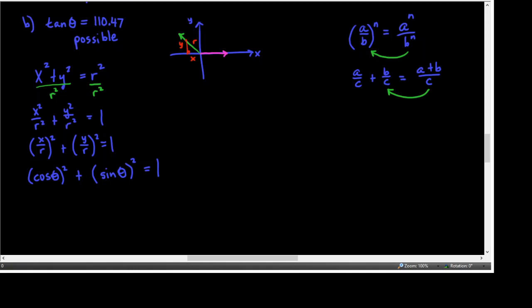Now there's a convention that we use for powers of trig functions that we really don't like to see extra parentheses when we can avoid them. So what we're going to write that means exactly the same thing as squaring the answer to sine of theta is to write sine squared theta. And that's what it means, the sine of theta then squared.